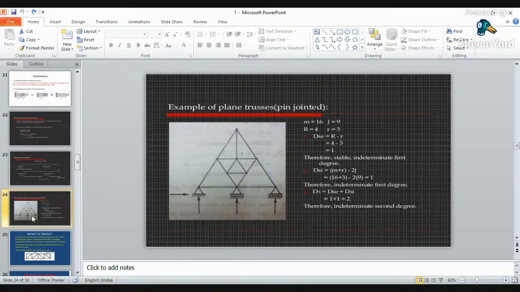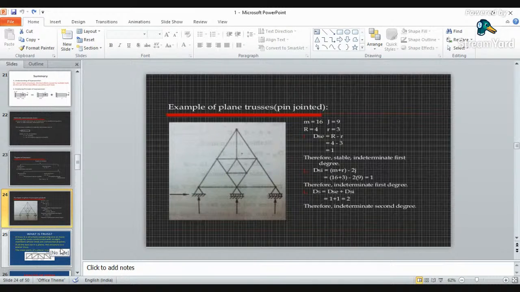Here m is 16, r is 3, minus 2j, which gives 1. So the total indeterminacy of this plane truss is external plus internal, that is 2. So it is a second degree indeterminate structure.